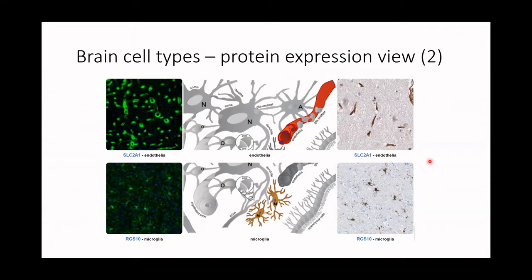So this shows you that for different stains, you can look at the distributions of these different cells in different parts of the brain. But you may wonder now, are these perfect markers, right? So, is RGS10 only expressed in microglia, or is it also expressed at small levels in some other cells in the brain? Are these perfect markers?